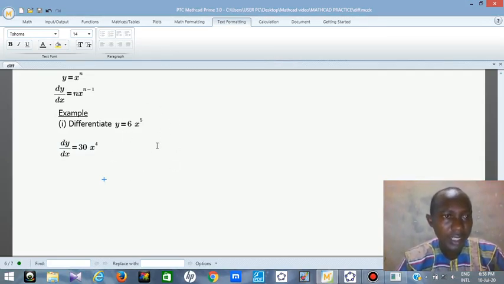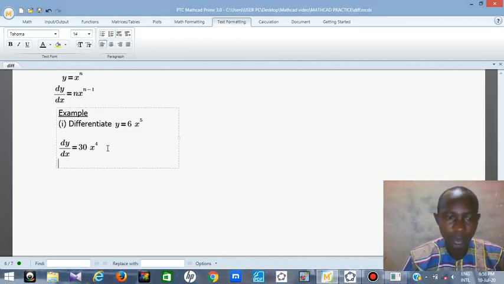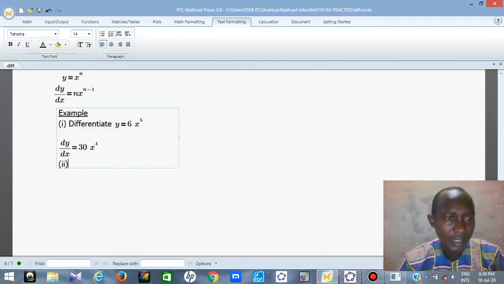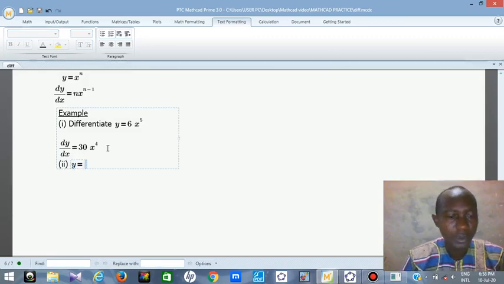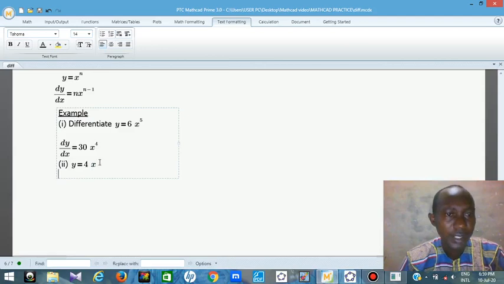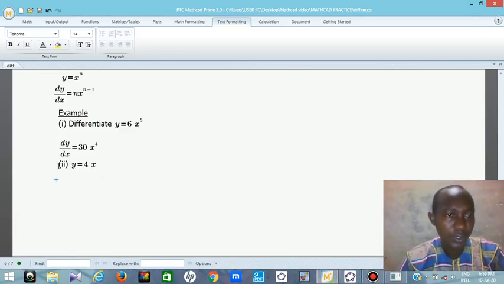Okay, let's try another example. Example number 2: let's assume you have something like a constant, y equals 4x. You know what you are going to get in this case. The power of this x now is 1, so 1 times 4 is going to give you 4 also.